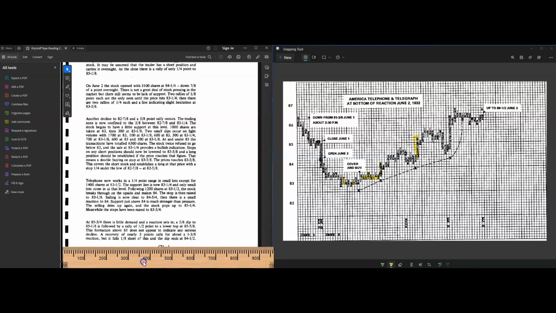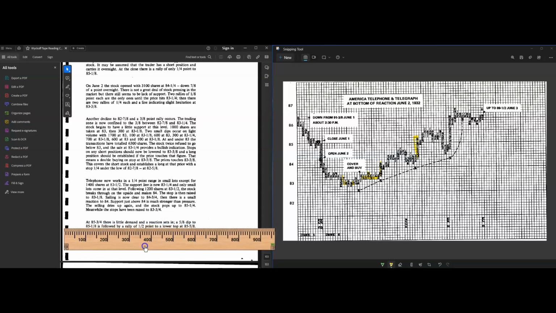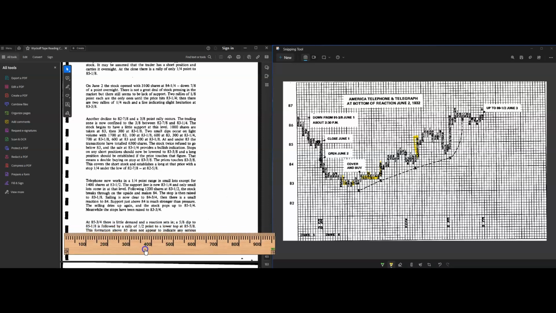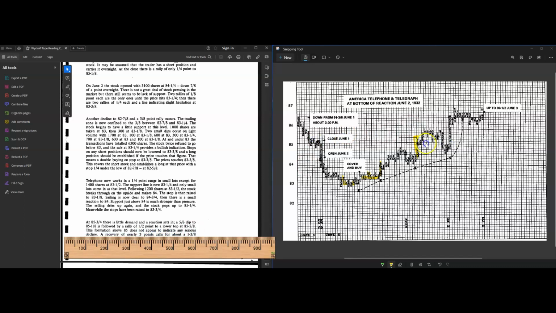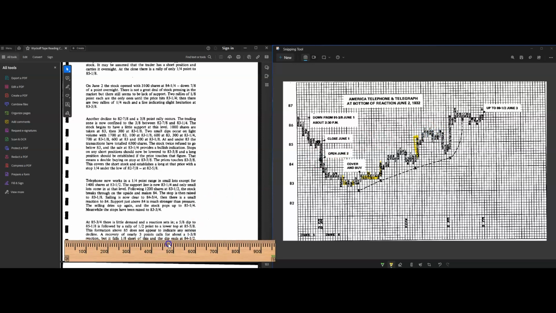At 83 and 3/4, there's little demand and a reaction sets in. A 5/8 dip to 85 and 1/8 is followed by a rally. All right, this formation above 85 does not appear to indicate any serious decline. A recovery of nearly 3 points calls for about a 1 3/8 reaction.